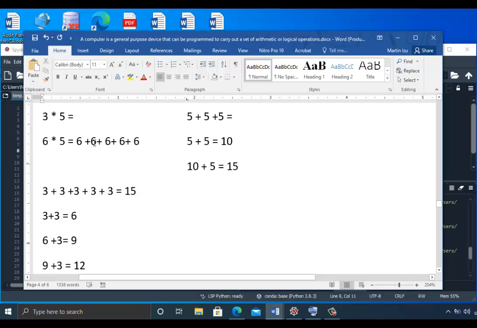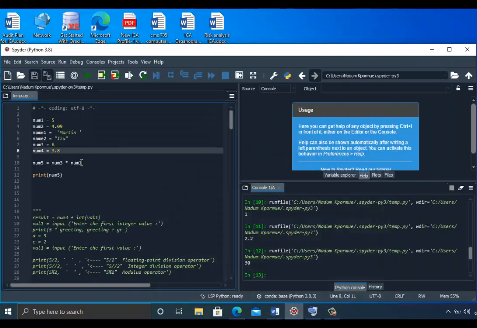So 6 plus 6 is 12, 12 plus 6 is 18, 18 plus 6 is 24, and 24 plus 6 will give you 30. Do you see how the computer does the operation? Same thing with floating points. I just want to bring that understanding.